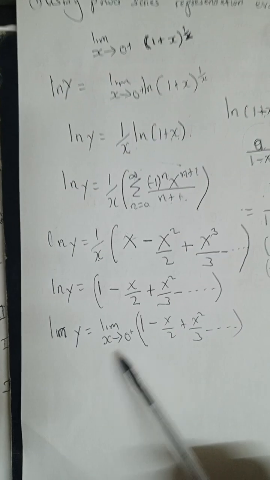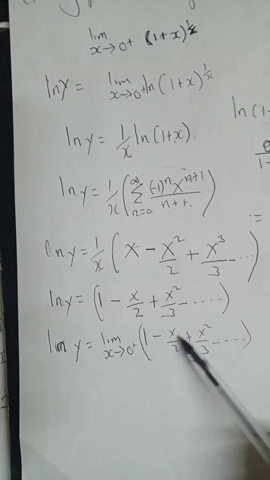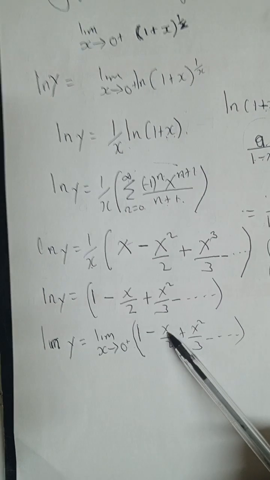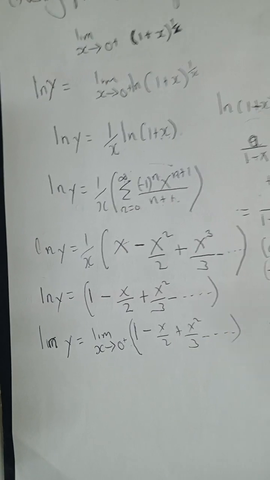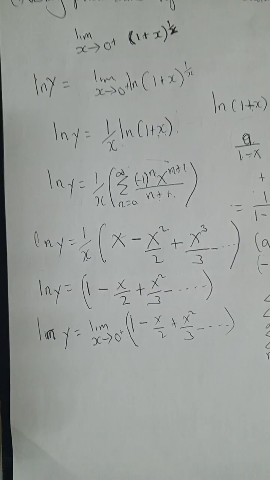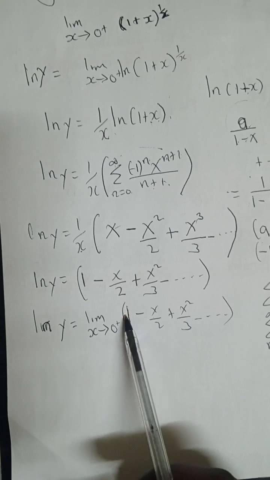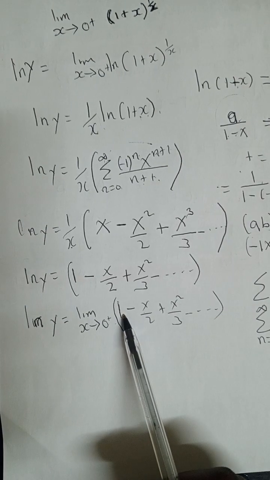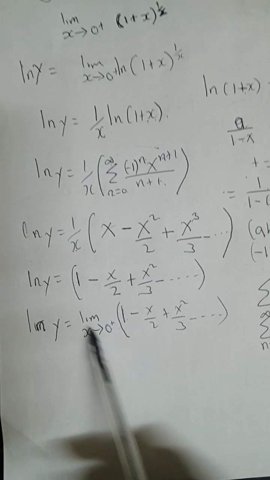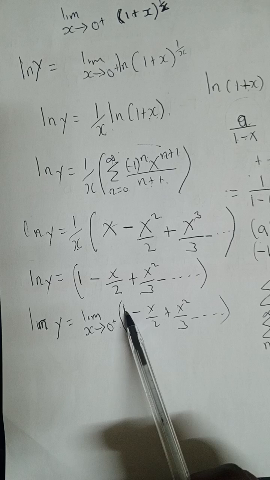Now ask yourselves, when we put 0 where there is x, we can see that this term will be 0, this term will be 0. As the terms progress, they will just become 0, 0, 0, because we are going to be having x terms. But look at the first one, we are only having 1. So this limit now has no effect here. This is going to just remain as 1.